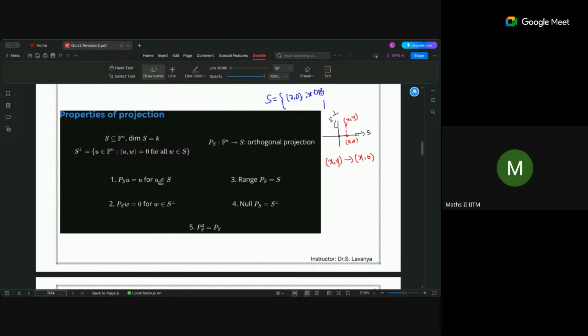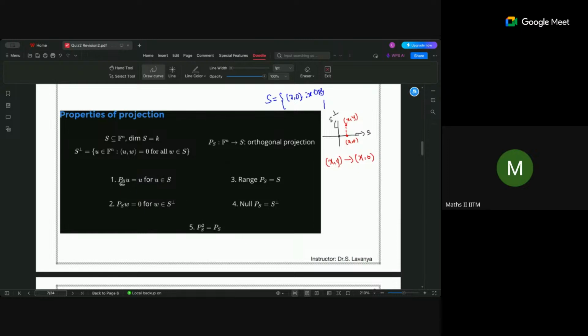And PS square is given in this way. For any vector u in S, PS u is again u only, because you are going to project on the same vector. And for any vector in S perp, it is 0, because the null space of PS is S perp. And the projection has the property that PS square is equal to PS.